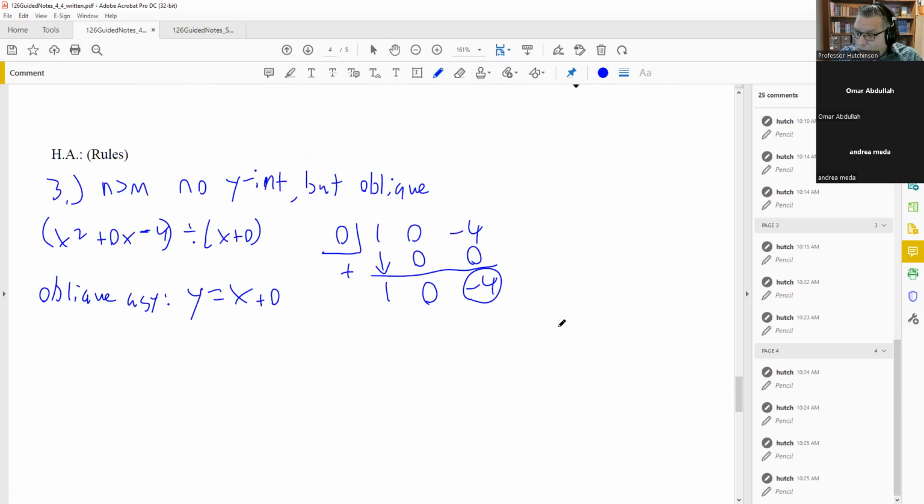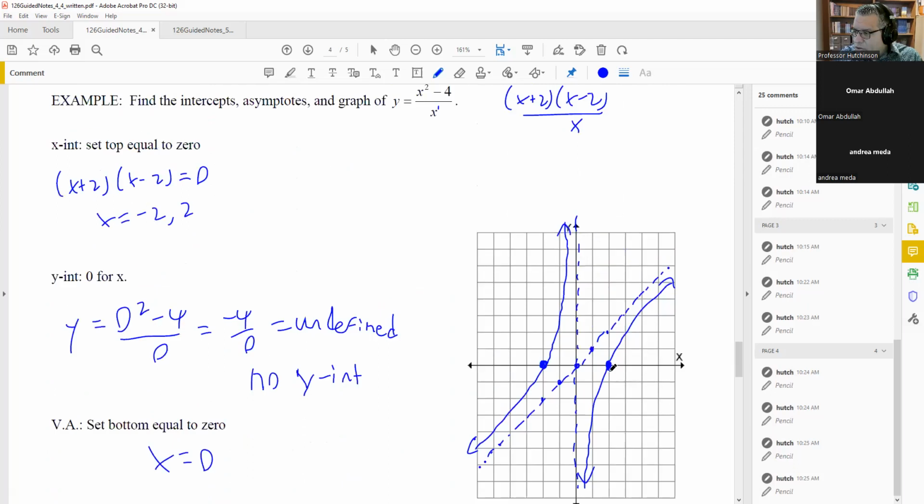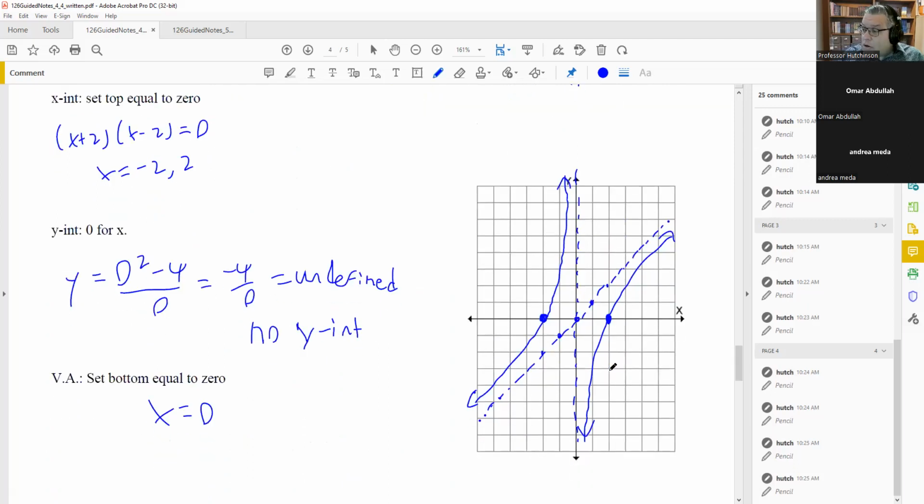All right, next. So this one, let's also do this here. f of x above the x-axis, f of x below the x-axis.